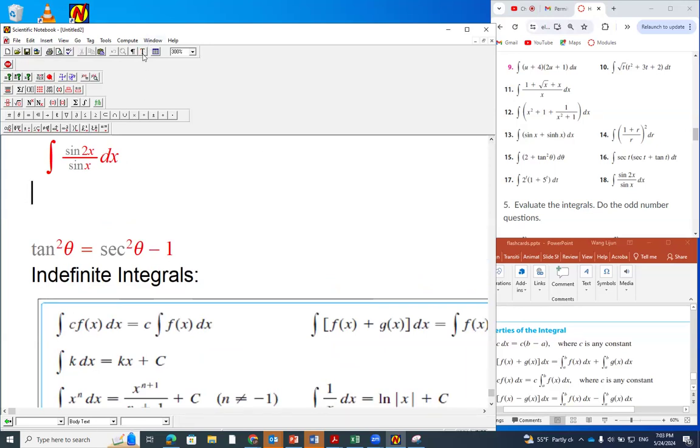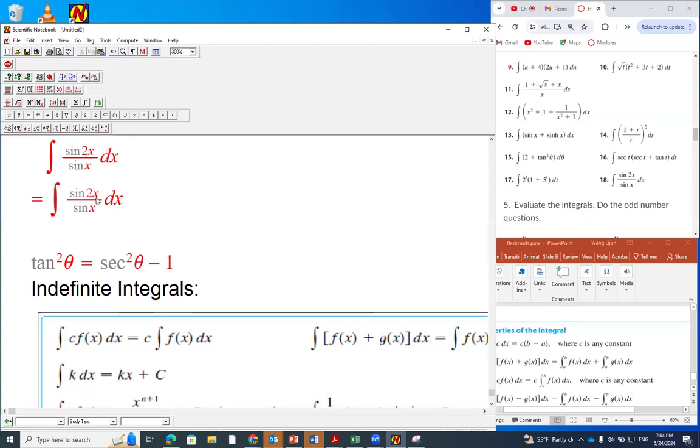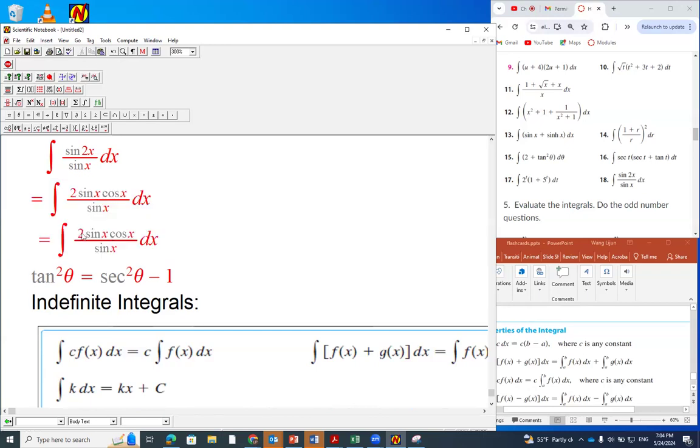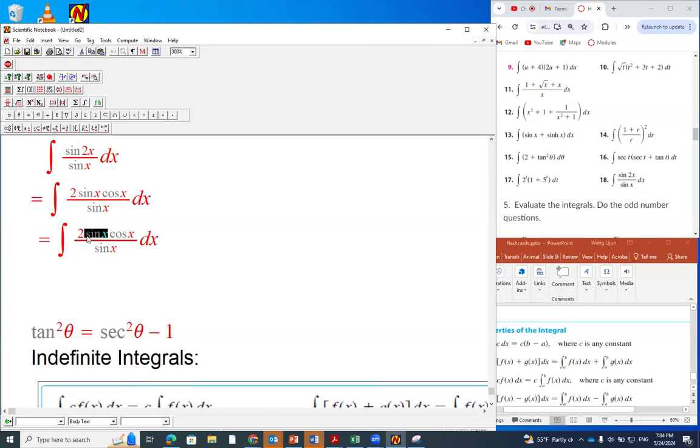We can apply the identity relationship because sine 2x equals 2 times sine x cosine x. And there we go. We reduce the sine x from the numerator and denominator. So sine x and sine x, these are gone. So we only have 2 times cosine x left.